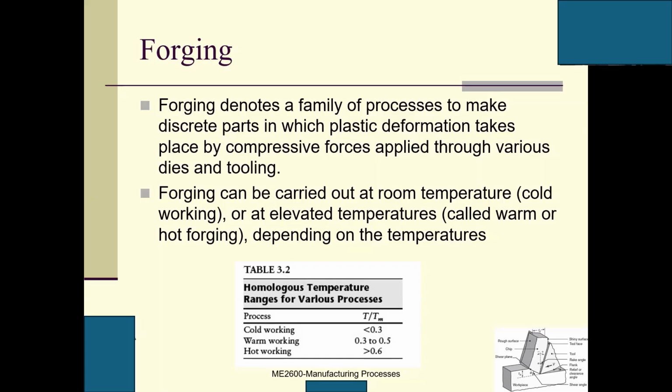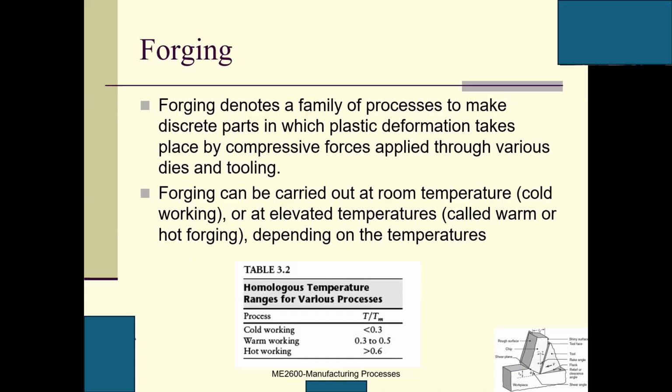What is the demarcation line for hot working and cold working? Recrystallization temperature, right? You understand? The recrystallization temperature of the material is the demarcation line between hot working and cold working.